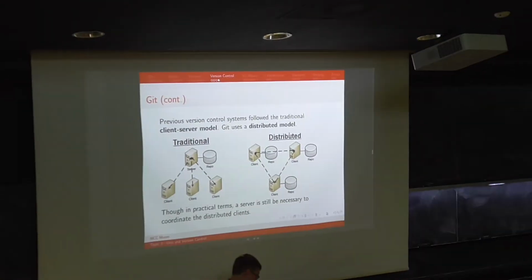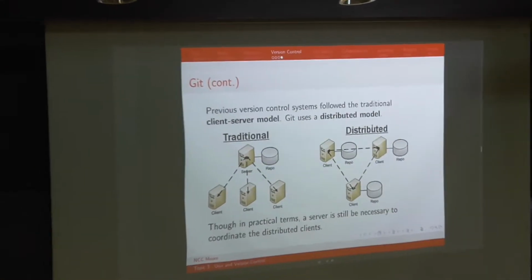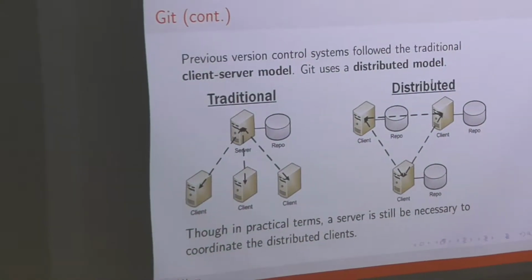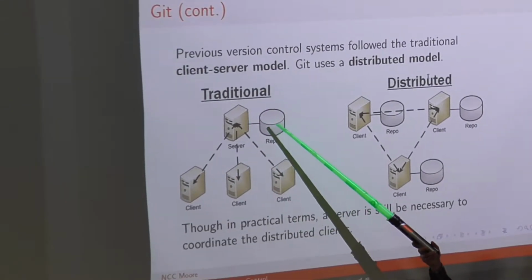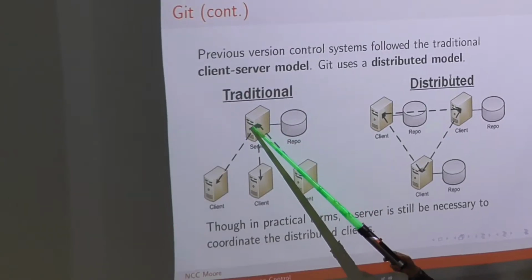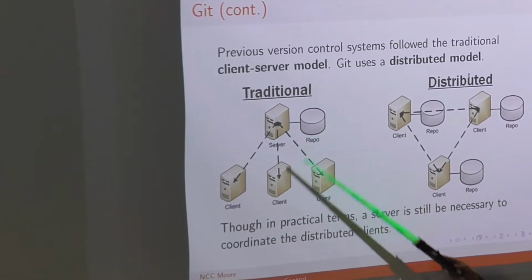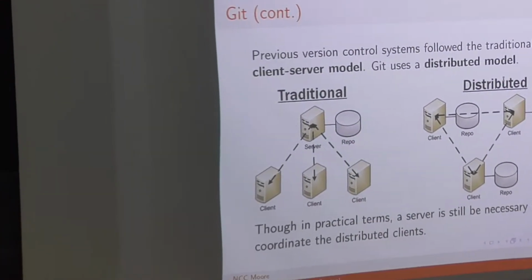So with respect to the manner in which data is stored inside of these repositories, traditional repository systems operated on a more traditional client-server model. So you'd have one server which held the repo on its hard disk, and then each of the clients would interface with one centralized server, right?